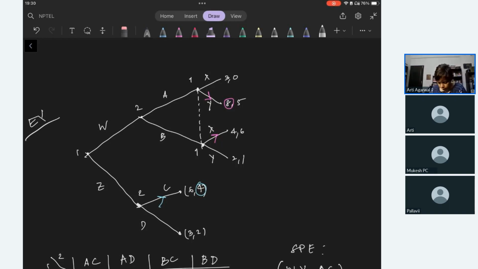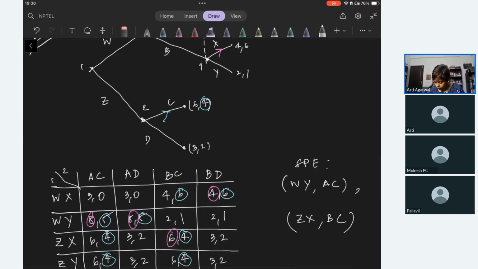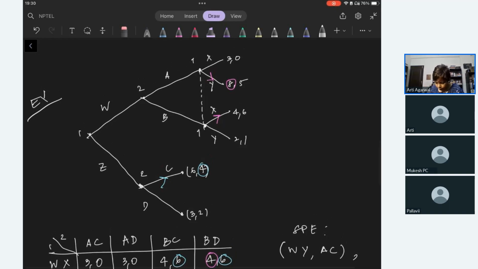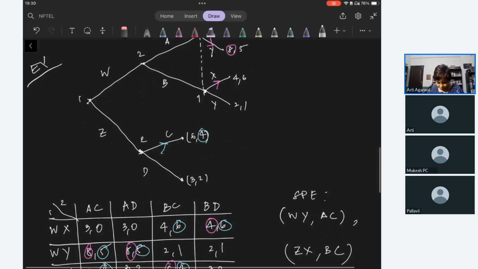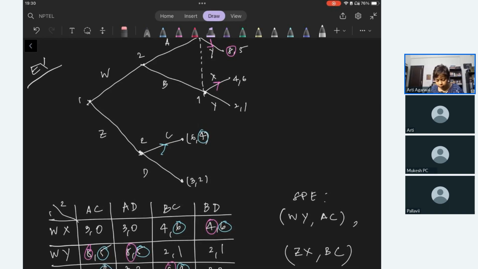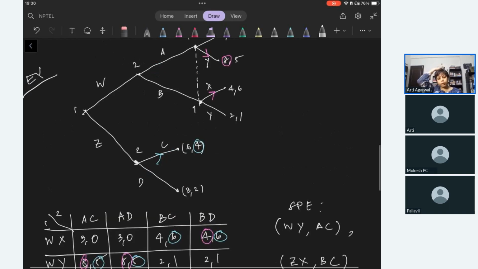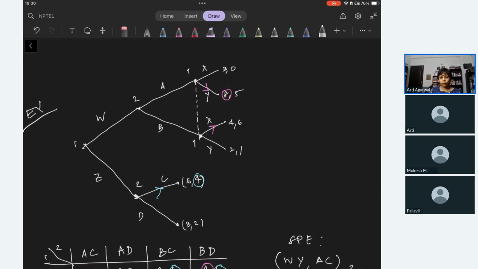So this is going to be one's best response at these two nodes. I've written the correct thing as a subgame perfect equilibrium, but it's also important to identify it on the game tree, because this makes it visually much more striking.